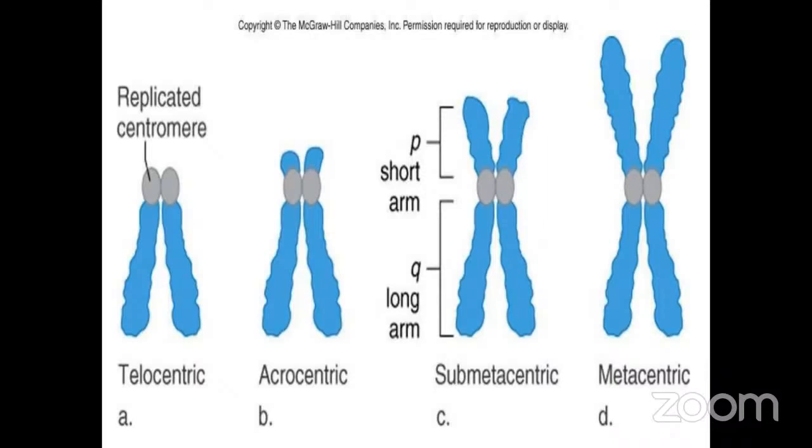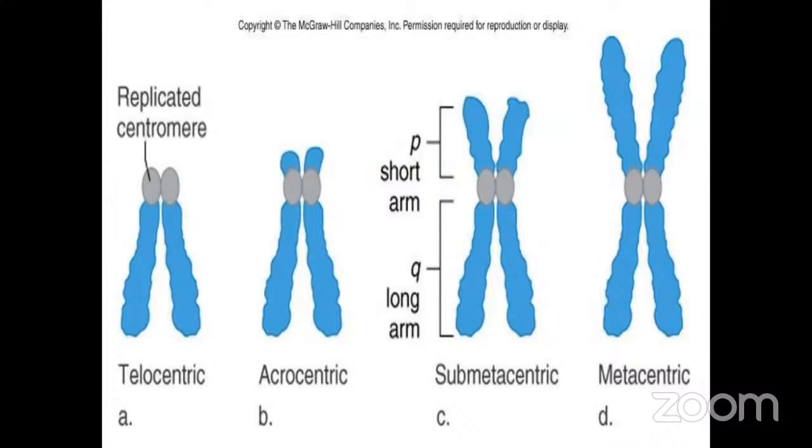You know there are two arms of a chromosome, the p arm and the q arm. The p arm means the short arm, and the q arm means the long arm. So we can classify the chromosome structure as telocentric, acrocentric, submetacentric, or metacentric based on the position of the centromere. If the centromere is located at the end of the chromosome, we call it telocentric.